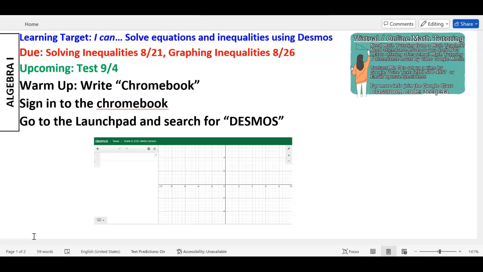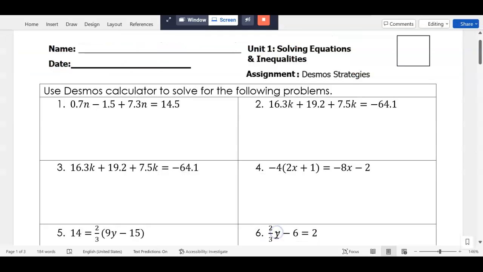There's a way to do that, but we don't care about the yellow calculator because we can't use that on the STAR test or the EOC test. We can only use Desmos. So guess what? There's a way to check your answer in Desmos, and that's what we're going to talk about today, okay? Let's take a look at this.